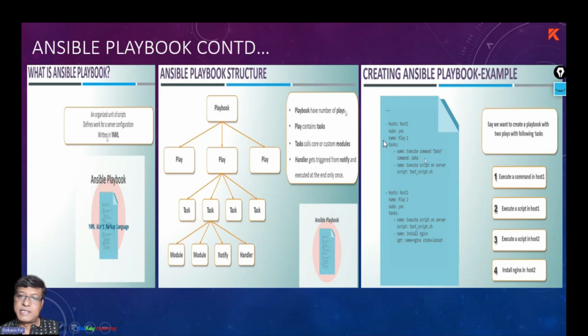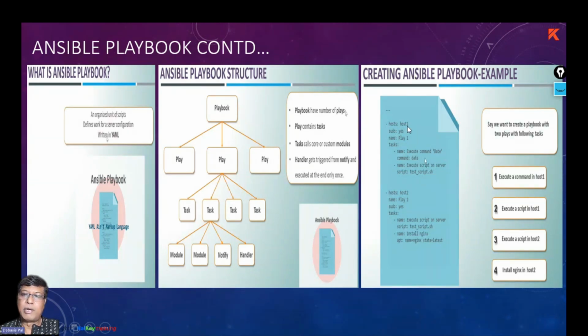Okay, this is the structure of a playbook, where you start with three dashes. Three dashes are always the beginning of any YAML file. You always say that's a YAML file, and three dashes mean there will be multiple plays, multiple YAML structures.